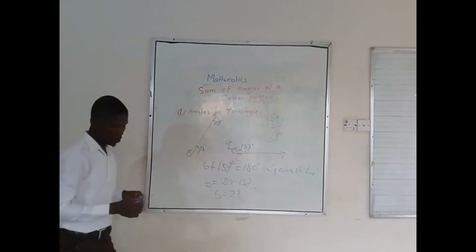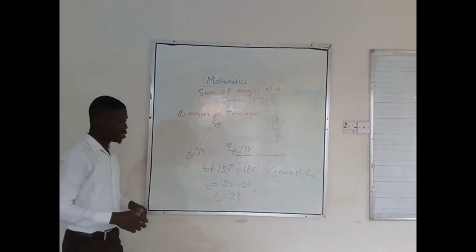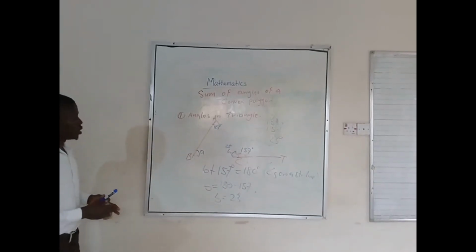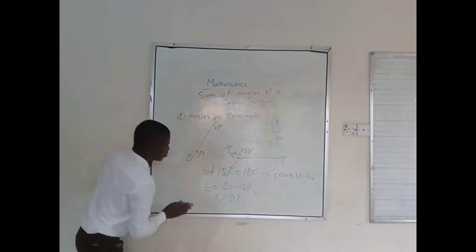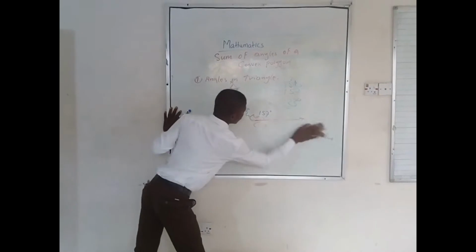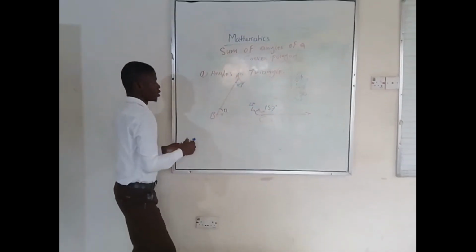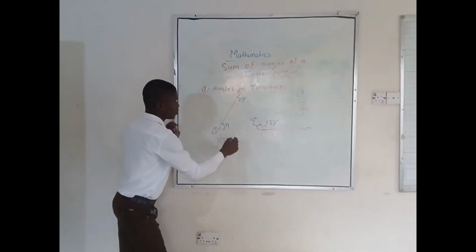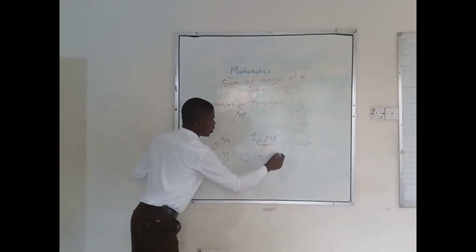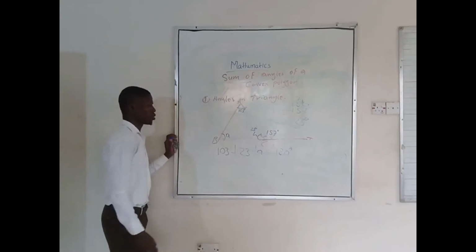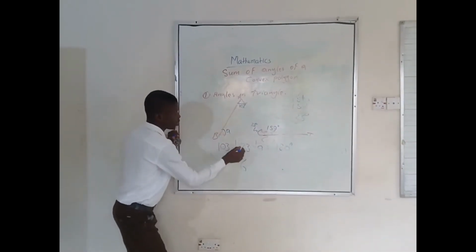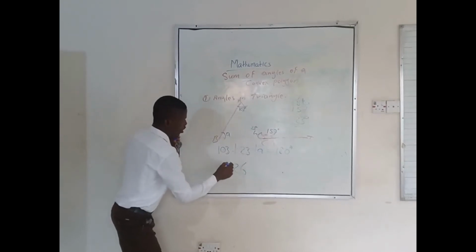So let's find A. To find A is easy using the sum of the angles in a triangle. I have 103 plus 23 plus A equals 180 degrees. 103 plus 23 gives 126.